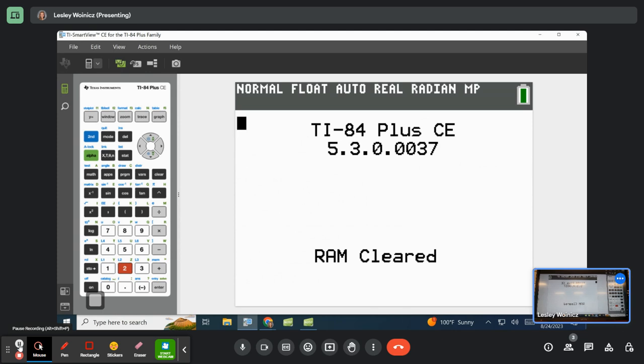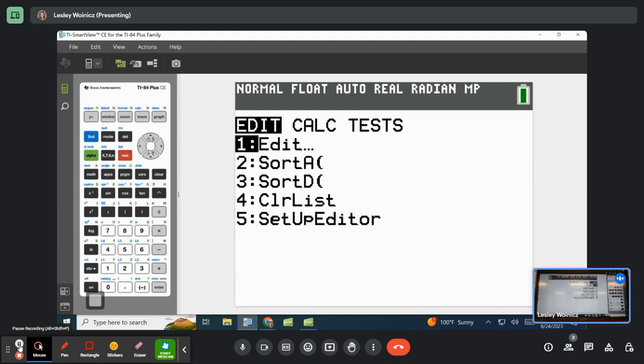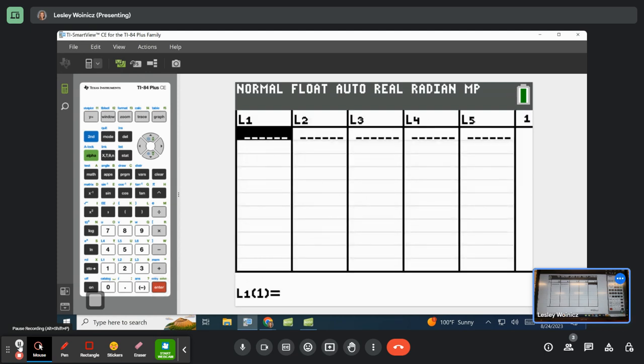Are you guys ready? Okay. So we are going to Stat button. No surprise there. This is the statistics unit. Then we're going to pick number 1, Edit. Go ahead and push Enter. And then we are going to enter all of these scores in list 1.